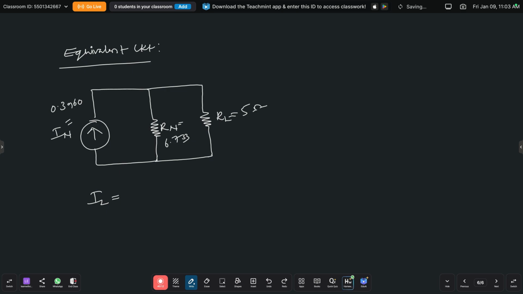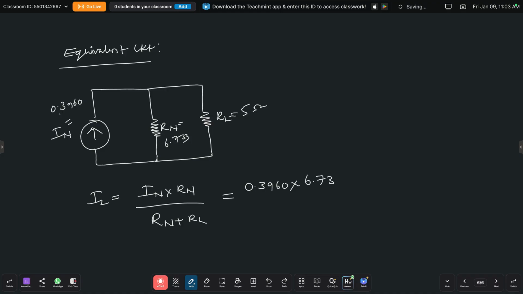But here this is Norton's theorem, so the formula is IL equal to IN into RN by RN plus RL, where IN is the Norton's current, RN is the Norton's resistance, and RL is the load resistance. We already know all these values. IN is 0.3960, into RN.